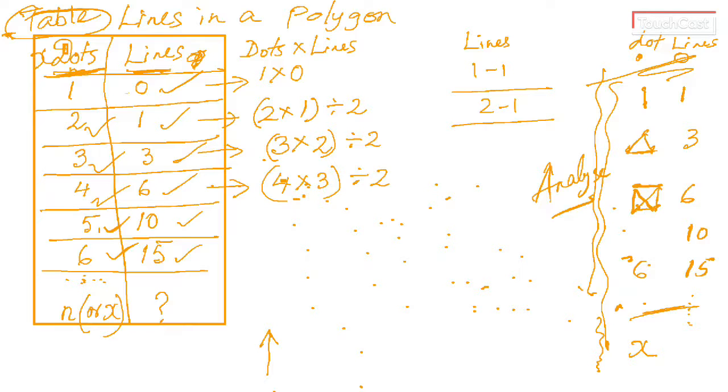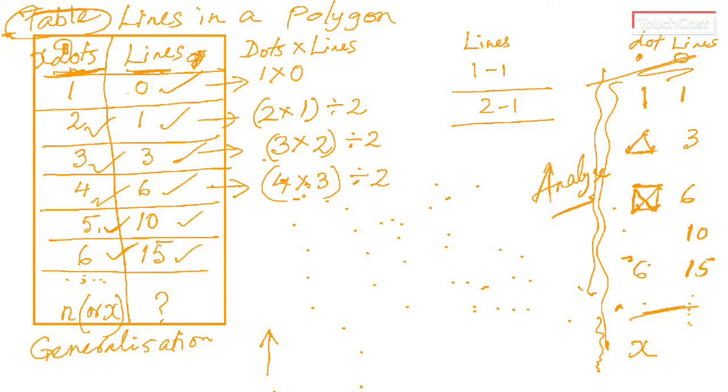And our overall final goal, we call it a generalization, will be what is going to happen if it is x number of dots. What will be the rule? Why do we need it?